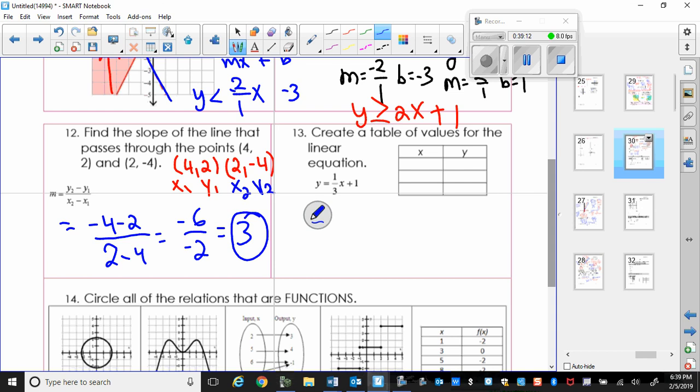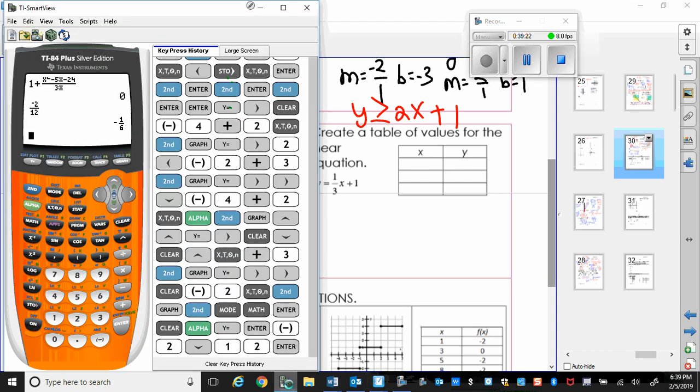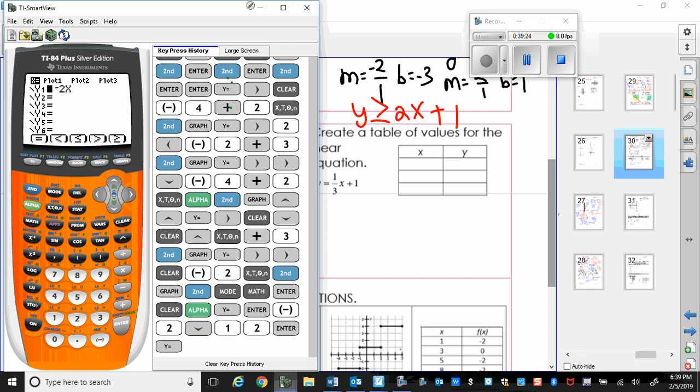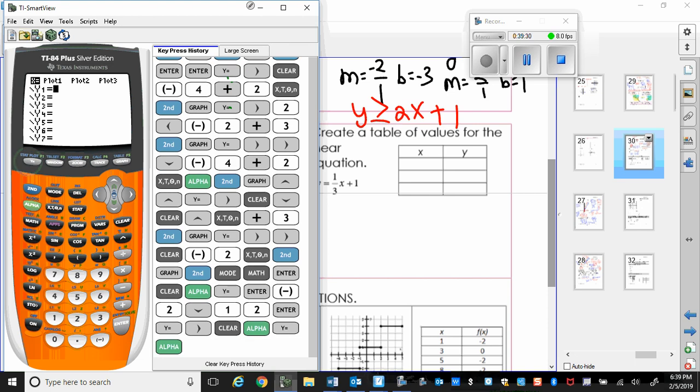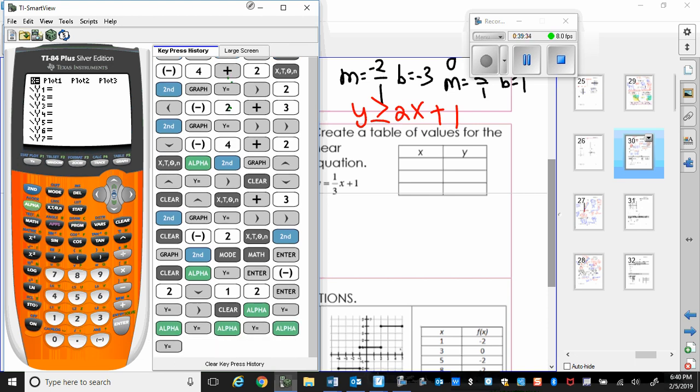There's my answer. Then it says create a table of values for the linear equation 1/3 x plus 1. You go to y equals, and remember we don't use fractions here. We don't get fractions in our table. Press clear, alpha, y equals, and get the fraction part, right?